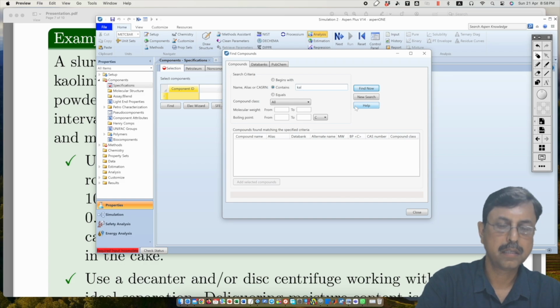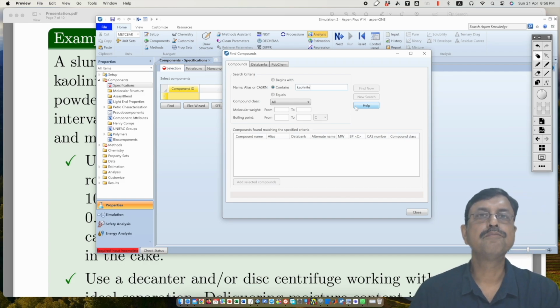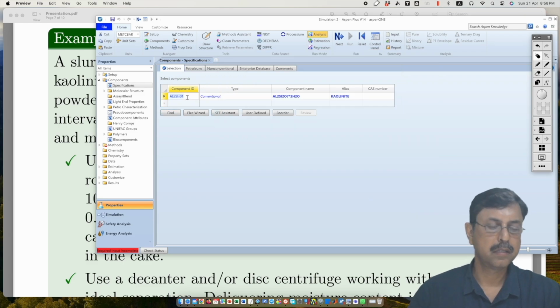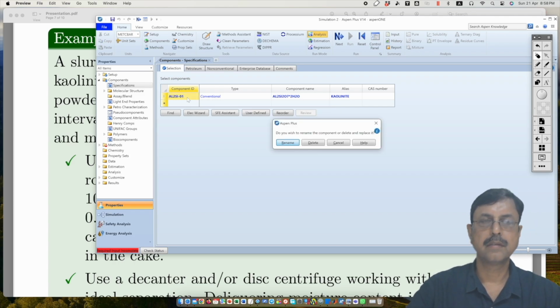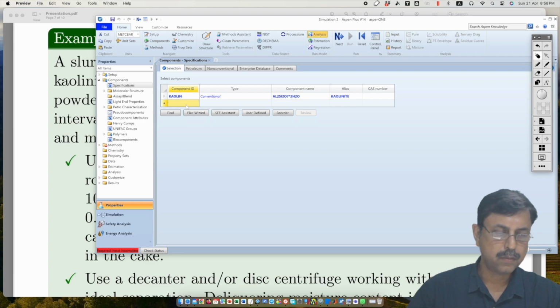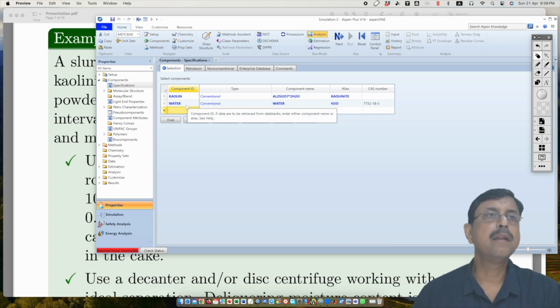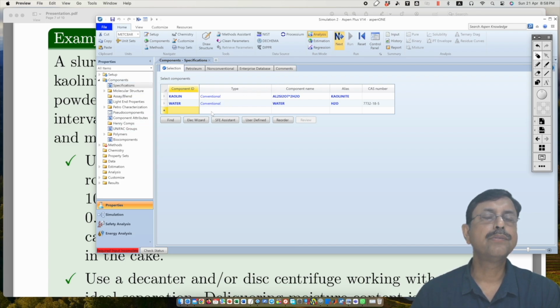So let us rename it, kaolinite, and then water. So kaolinite is suspended in water. Let us use the solids model.